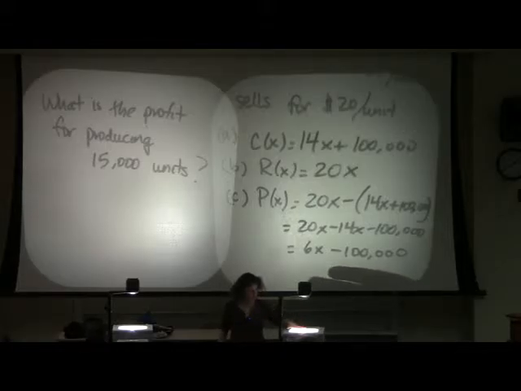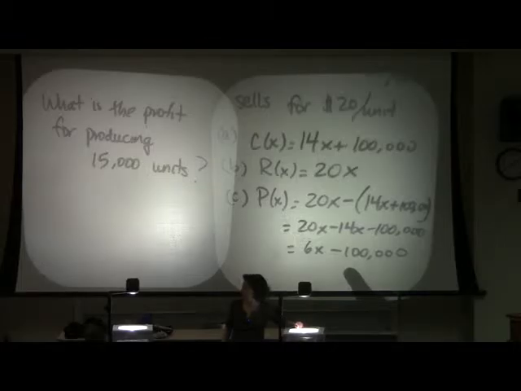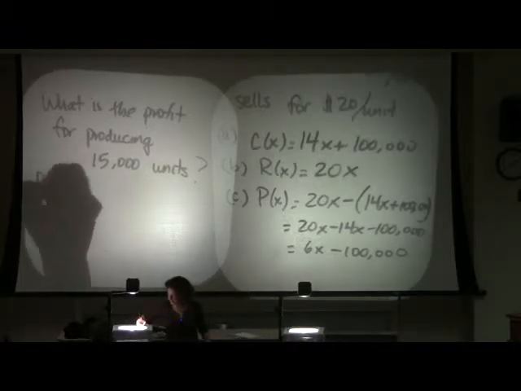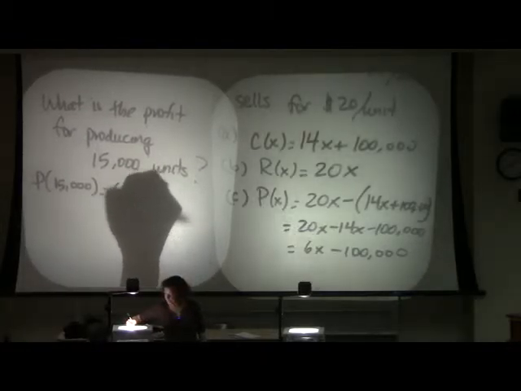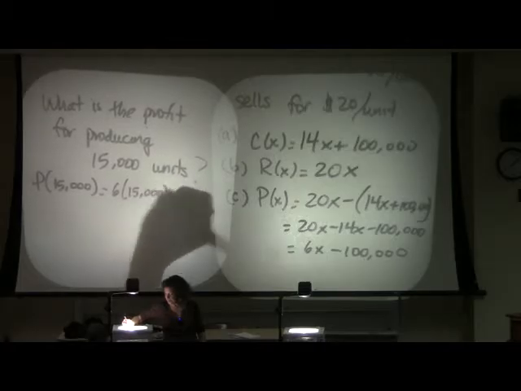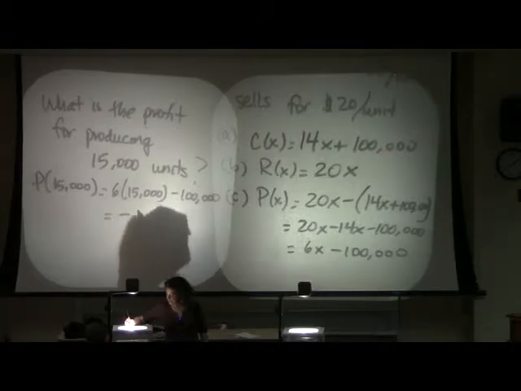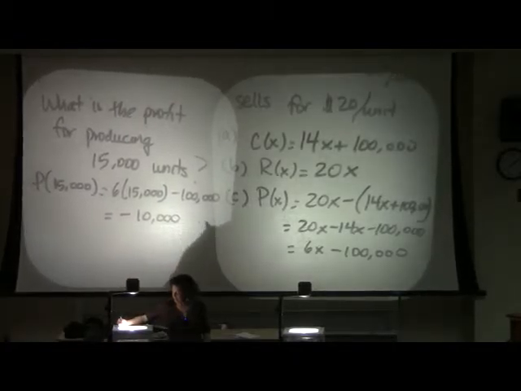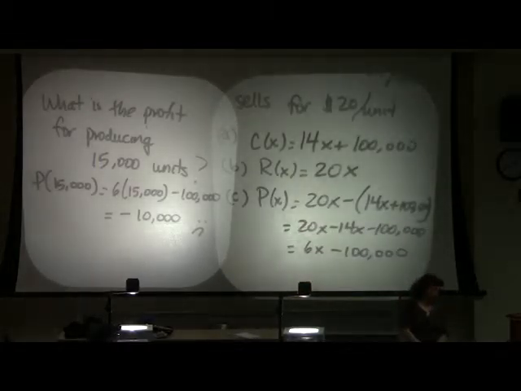This is my profit function. Do you all agree I'm looking for my profit, my P? Therefore, I better be given the number of units, and aren't we? Yeah. So aren't we really just computing P of 15,000? So we have 6 times 15,000 minus 100,000. And actually, we lose $10,000. You with me here?